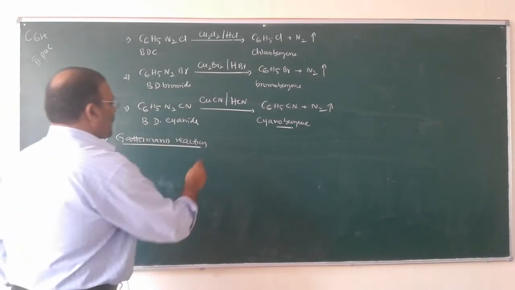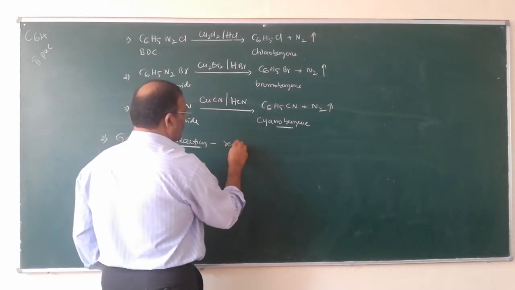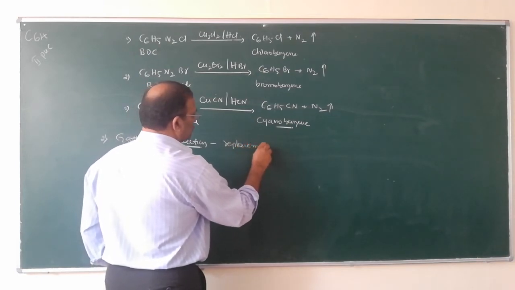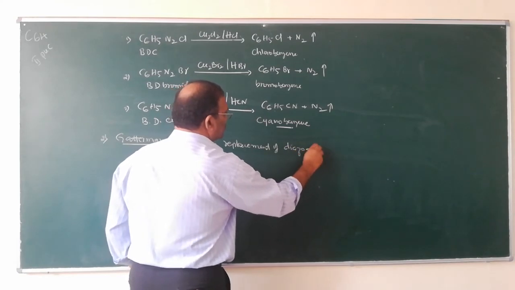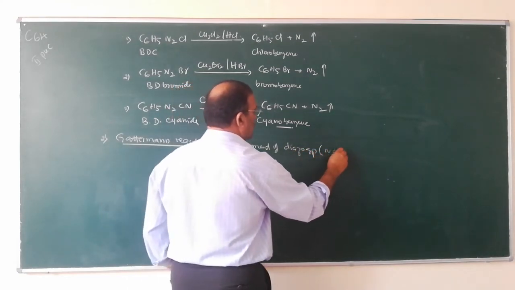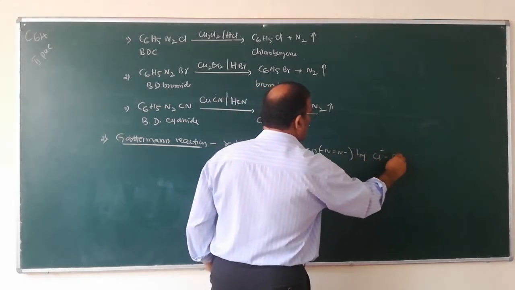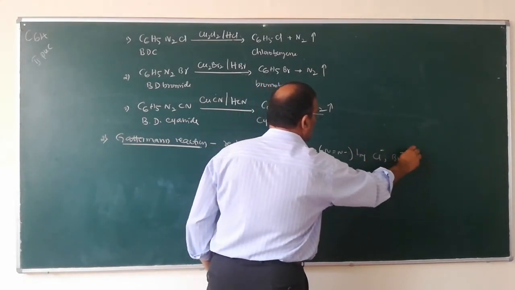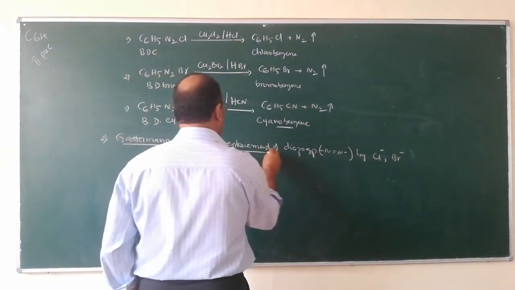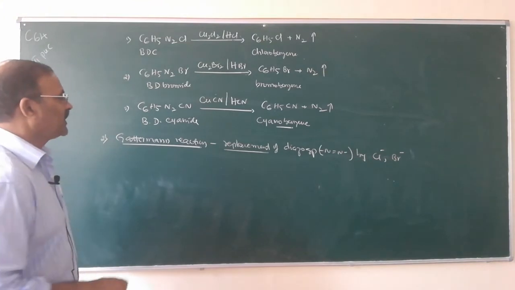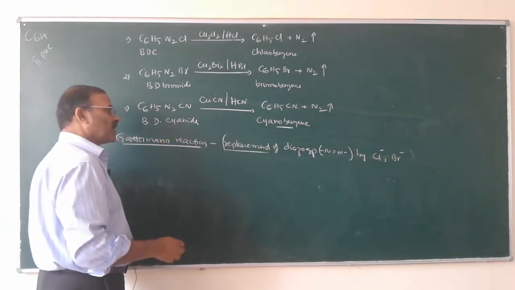So here it is the replacement of the diazo group by Cl minus and Br minus.